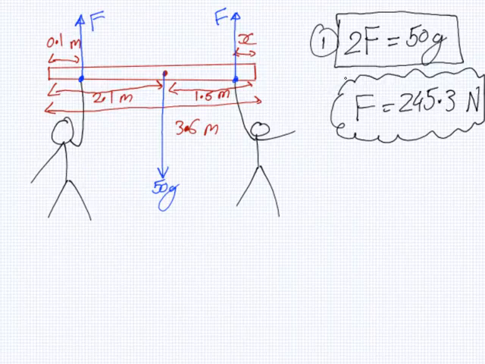But the F is not what I want. I want the X. So, where should I make the turning point to use turning force? Could it be anywhere? It could be anywhere, so where would be the best place to use it?